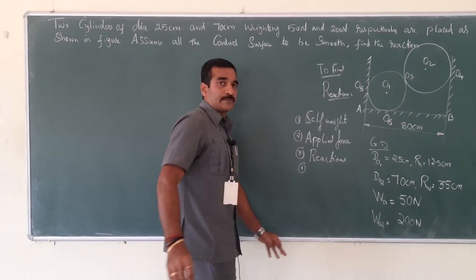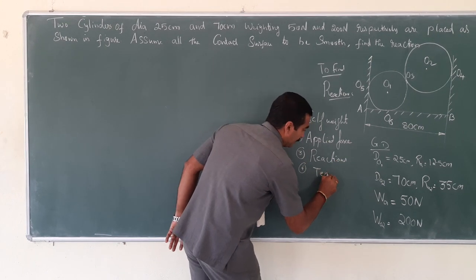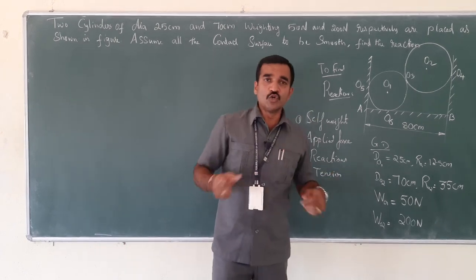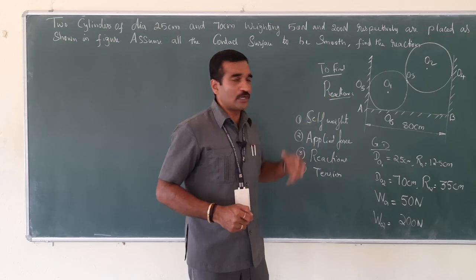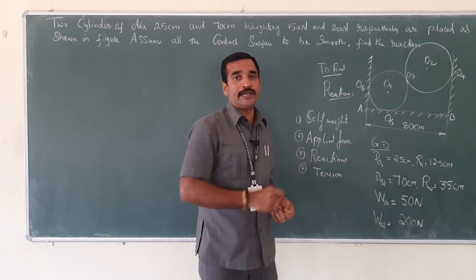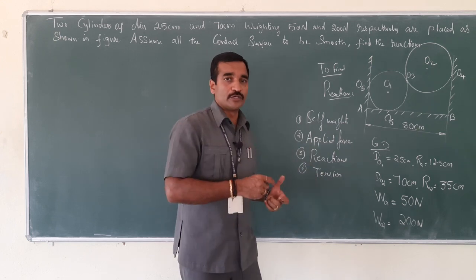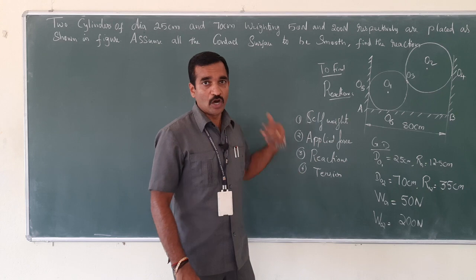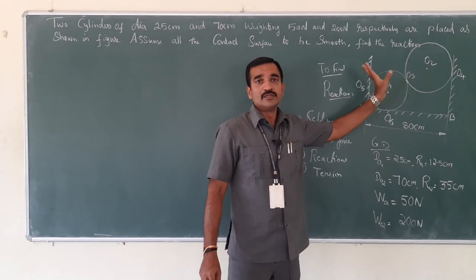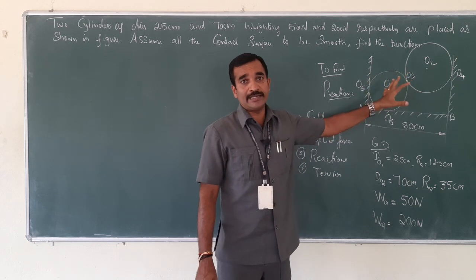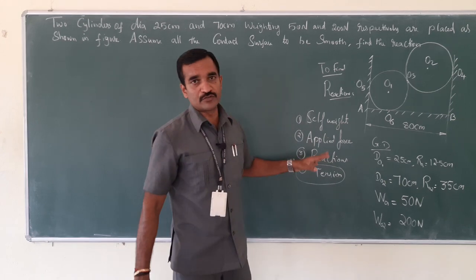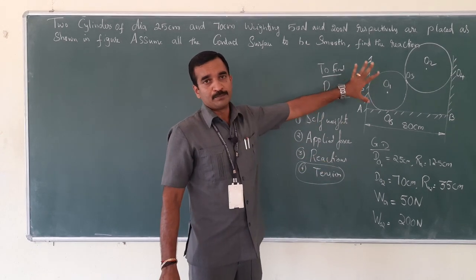And the fourth one is tension, if there is any string used to hold or tie the particular cylinder, or a bar or a cable used to tie the cylinder or the rollers, right? As far as this case is concerned, there is no bar or string attached to it. Therefore, there won't be any tension force acting in this particular problem.